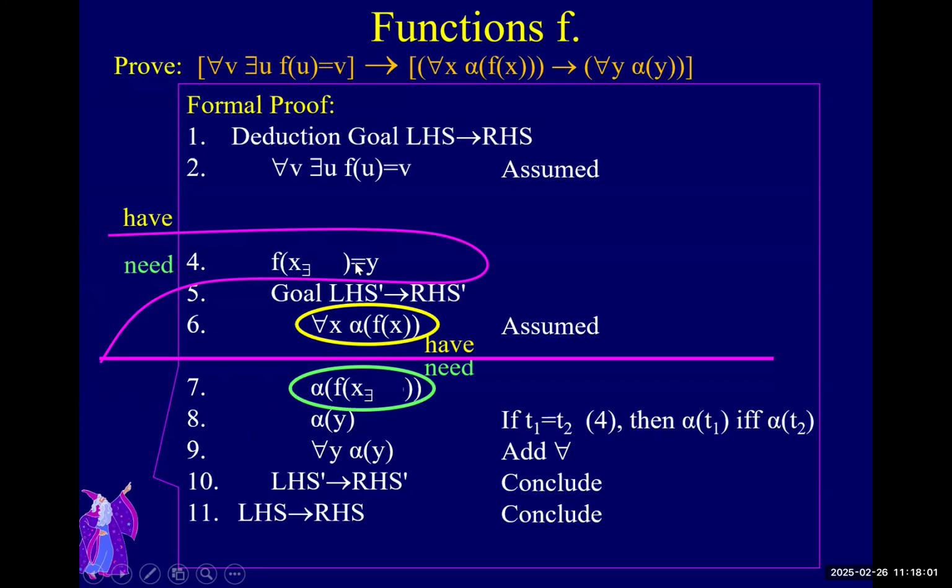So here I'm saying y is hit by x. Well, if y is hit by x, then here I have a for all x. So it's a for all. I can plug anything I want into this x. So who do I plug into this x? I plug in this exists x.